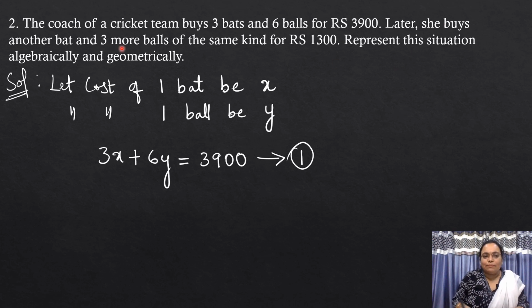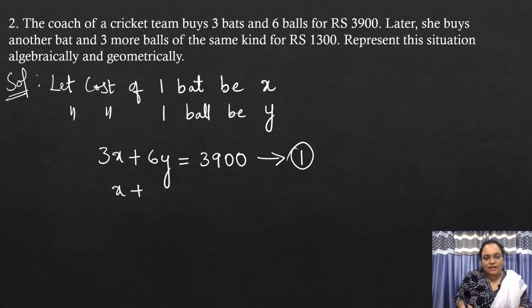Later, she buys another bat, that is 1 bat, right? So, the cost of 1 bat is x. Yes, so we'll take as it is x and 3 more balls. Cost of 1 ball is y and 3 balls is 3y for the rupees 1,300. So, x plus 3y is equal to 1,300.